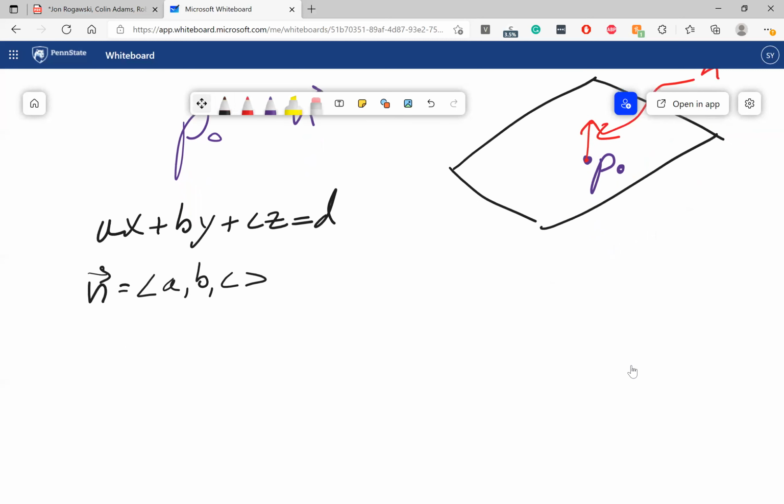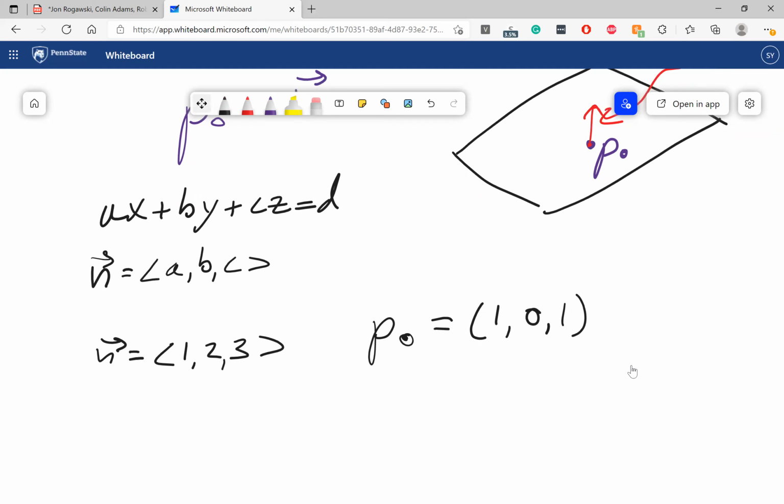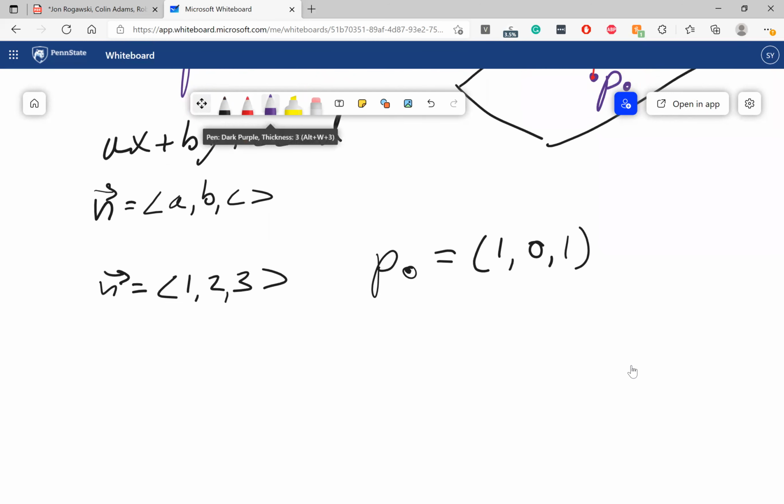And so an example would be if I tell you that your normal vector is equal to 1, 2, 3, and your plane passes through the point 1, 0, 1. In order to find the equation of the plane, you write out x plus 2y plus 3z is equal to d.